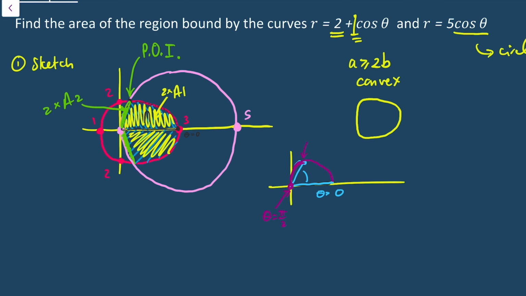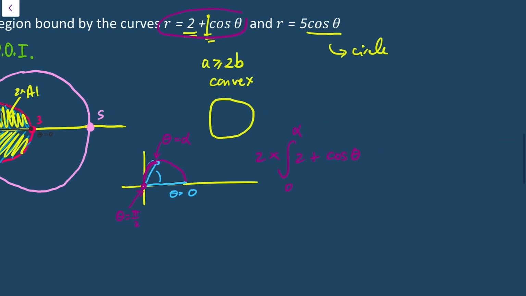So whatever this theta value is here, let's say theta is equal to alpha, I'm going to integrate between 0 and alpha of this curve, 2 plus cos theta, and I need 2 lots of them.